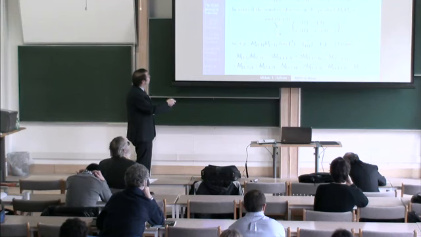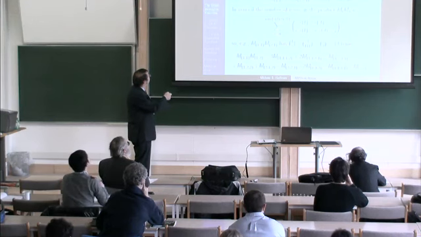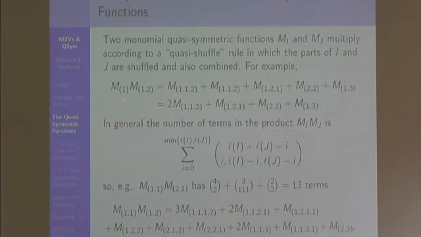Then you have the ones where you actually combine some of them. So the 1 could be combined with the 1 here to give you the m22, or it could be combined with the 2 to give you the m13. And in general, the number of terms in the product of two monomial quasi-symmetric functions is this rather alarming sum of binomial coefficients.